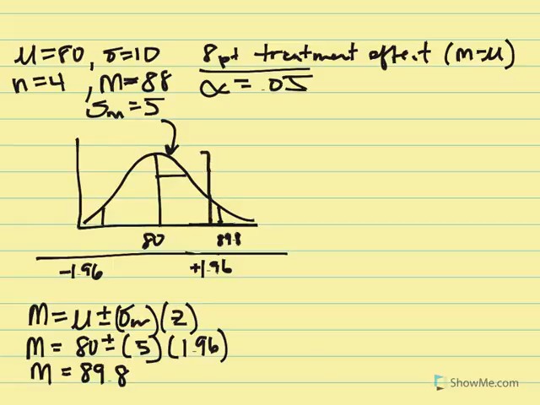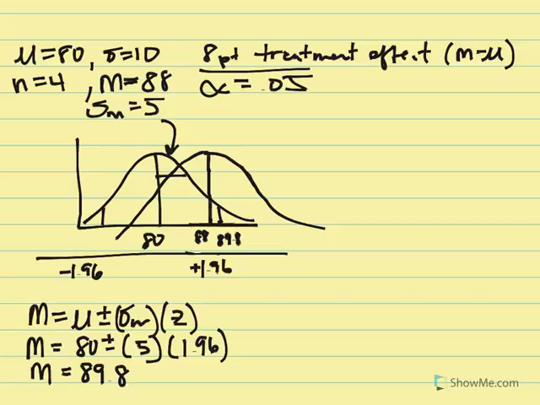And that's the mean of our treated population, so 88. Notice how that's different from what we saw when we had a sample size of 25. Now things have changed because the sample has decreased significantly.